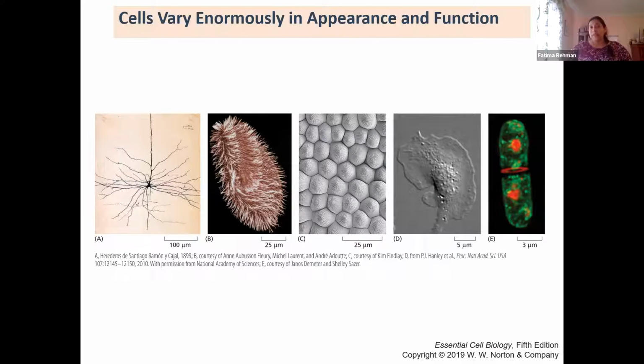You have a lot of variety of various animals and plants and bacteria and viruses. Little thing doing all the work that it needs to do.